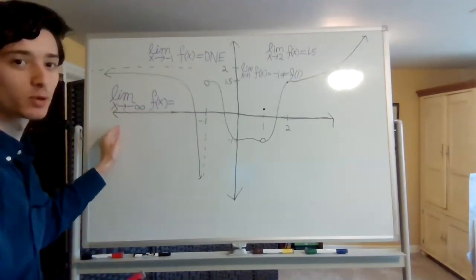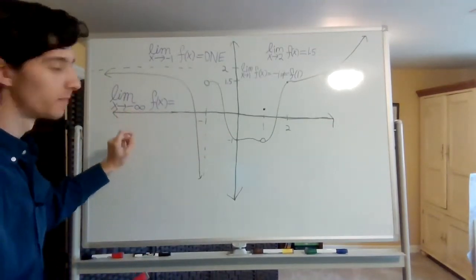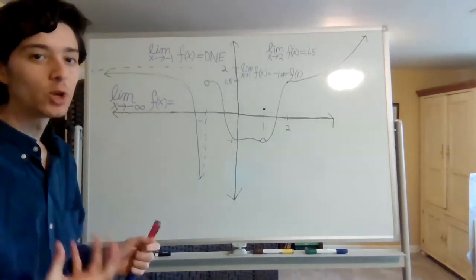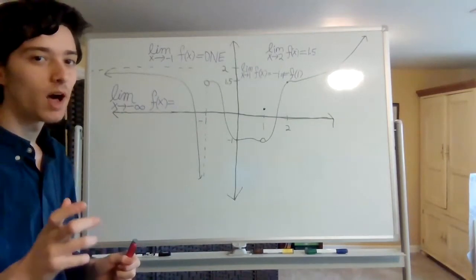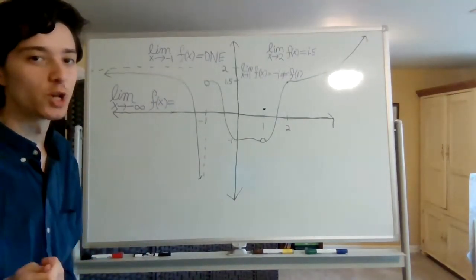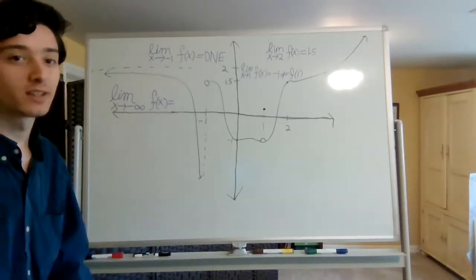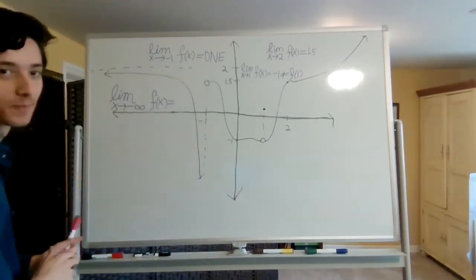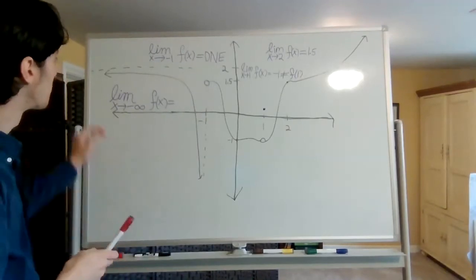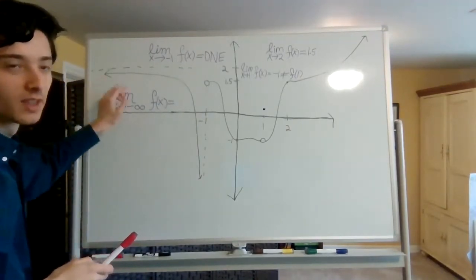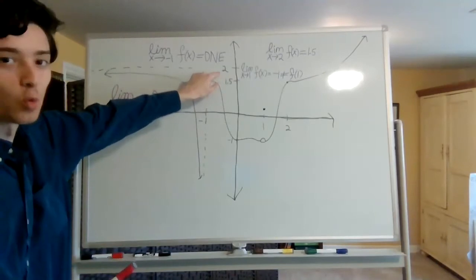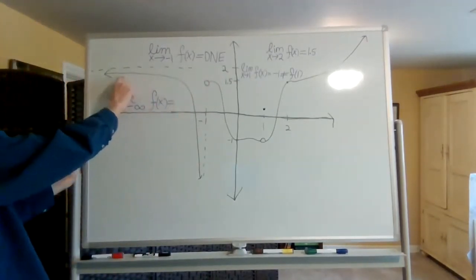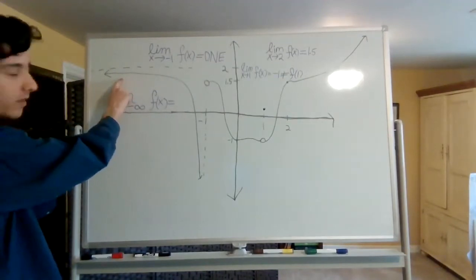Now, the next type of limit we are going to look at, which I've written over here, is the limit as x approaches -infinity of f of x. So we look at our function, and we look at the smallest possible x values, ones that are large in magnitude but negative, really far to the left on the x-axis. And we see that there's this dotted line approximately where y equals 2. And we see that this graph is increasing up to that line.